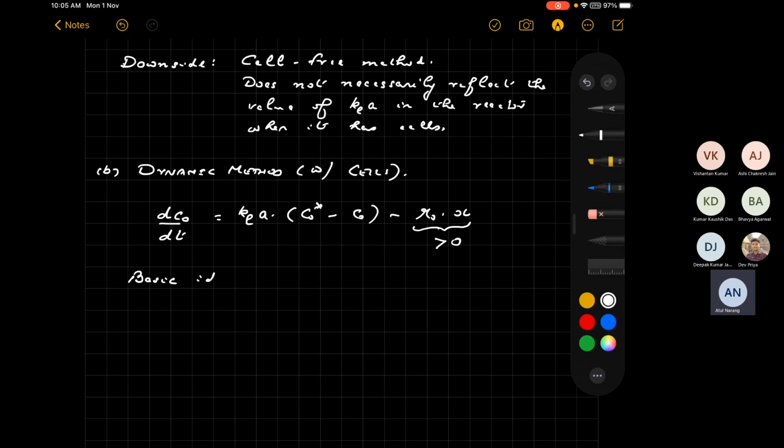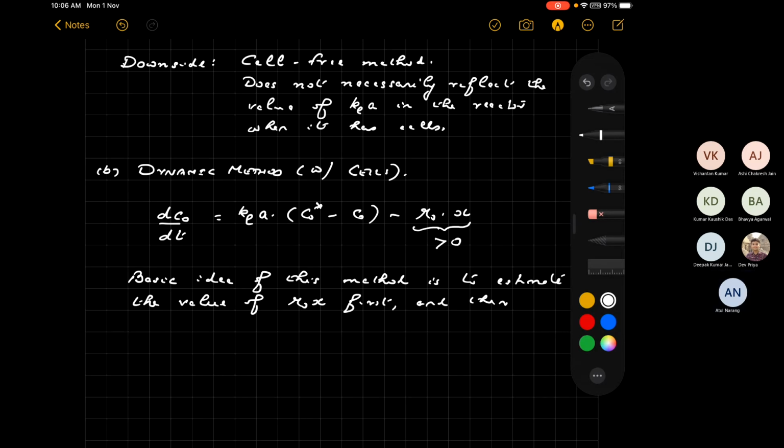So the basic idea of this method is to estimate the value of ROX first, and then apply the method above.